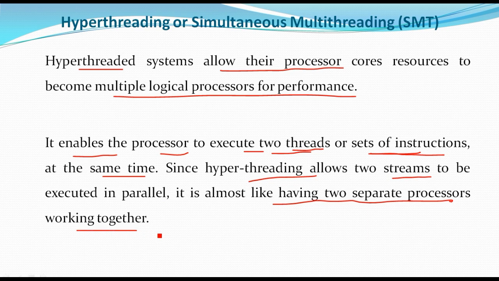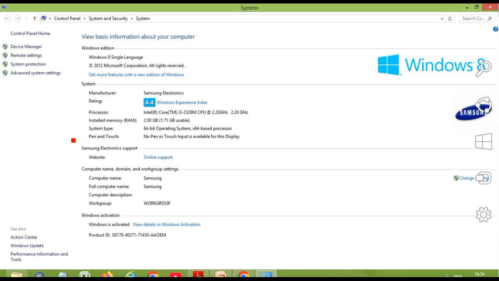Okay, now let us understand hyper-threading by an example. Assume that we have a CPU with 2 cores and 4 logical processors. Those 4 logical processors can execute 2 actual processes simultaneously because we have 2 cores. Let us see the example. This is a snapshot of my laptop. You can see my processor name is Intel(R) Core i3.